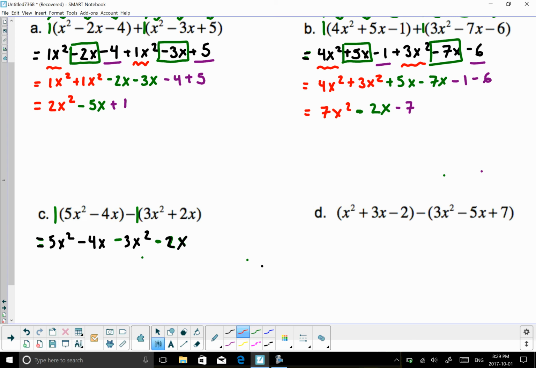Then I'm going to collect my like terms. So these are alike, and these are alike. So that's 5x squared and negative 3x squared and negative 4x, negative 2x.